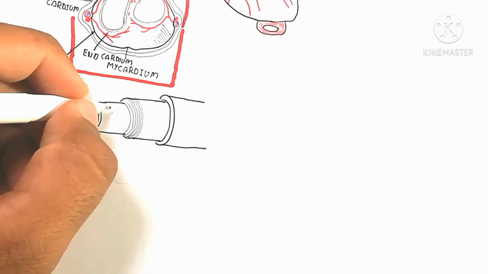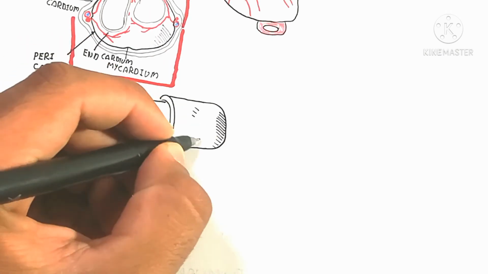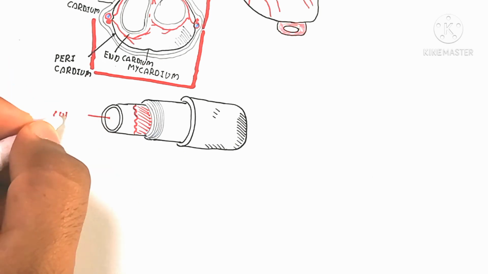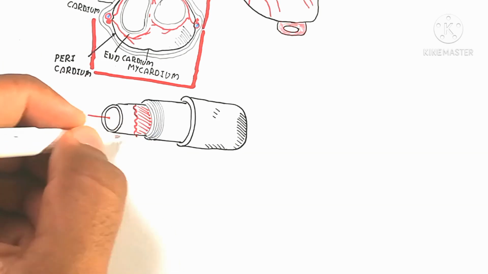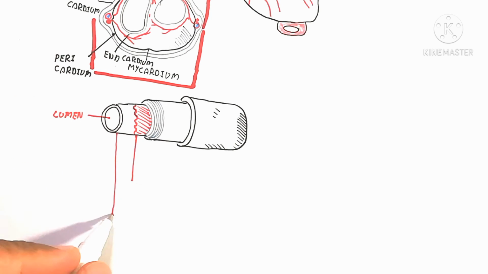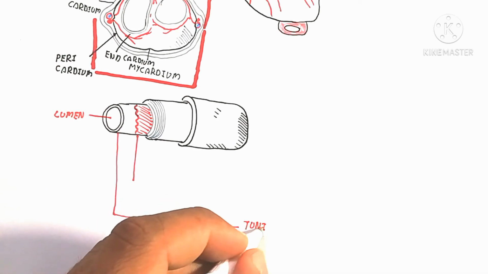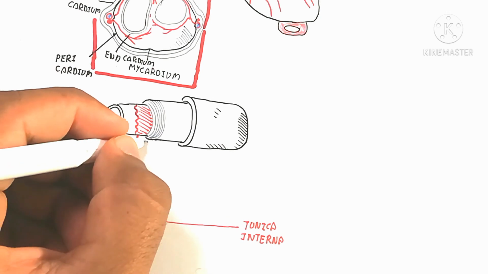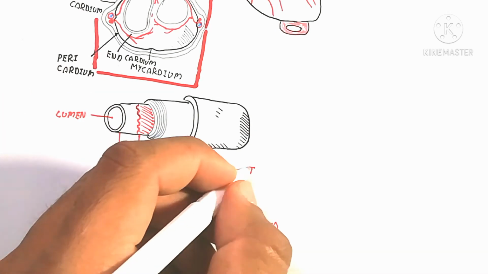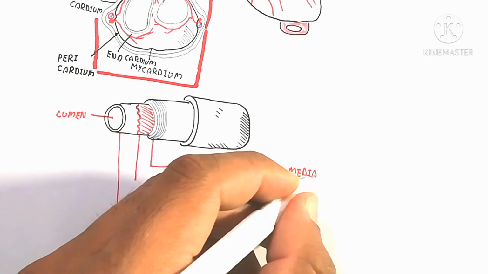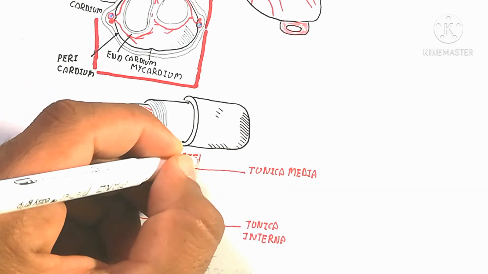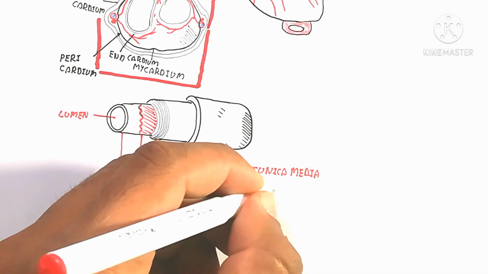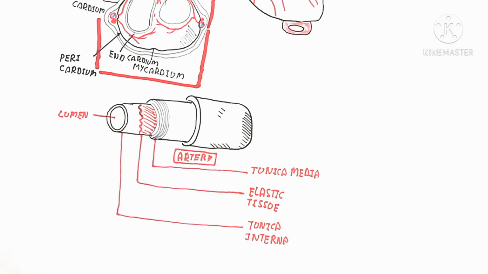So they are artery and vein. First of all, here is the artery. The artery is a thick and elastic pipe-like structure which contains a lumen, and the lumen is filled with oxygenated blood. The upper part is known as the tunica externa, and inside the tunica externa is the tunica media.